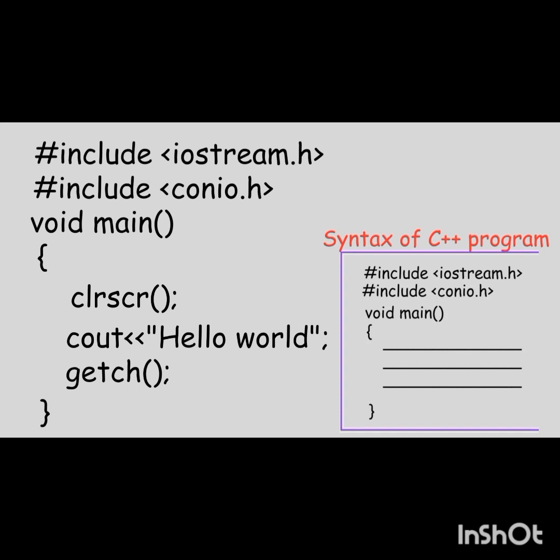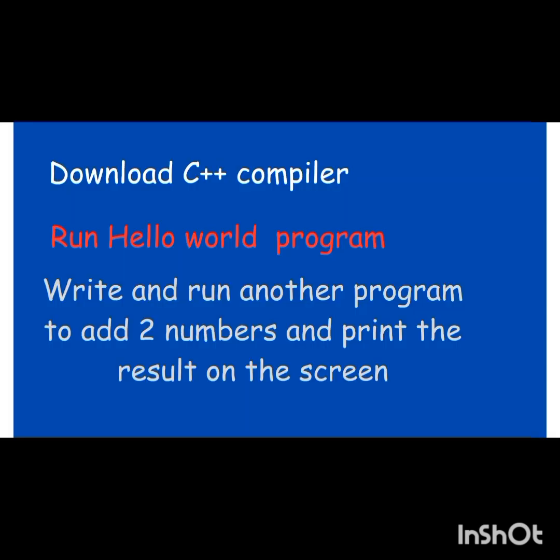Semicolon is compulsory after every line, otherwise we get an error. Next line, getch parenthesis, holds the screen for you to see the output. The program will move forward only when you press a key. In this case, the program will end now.